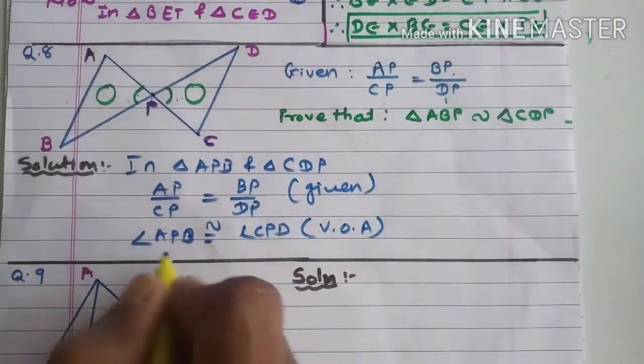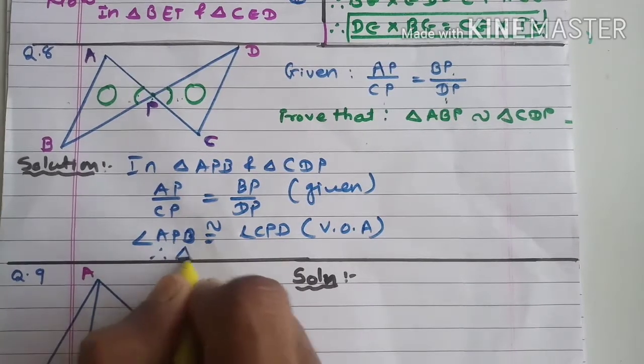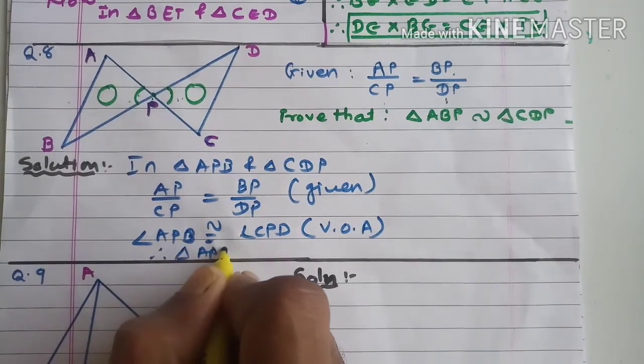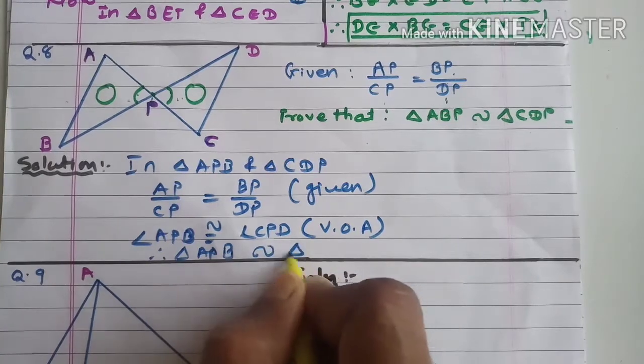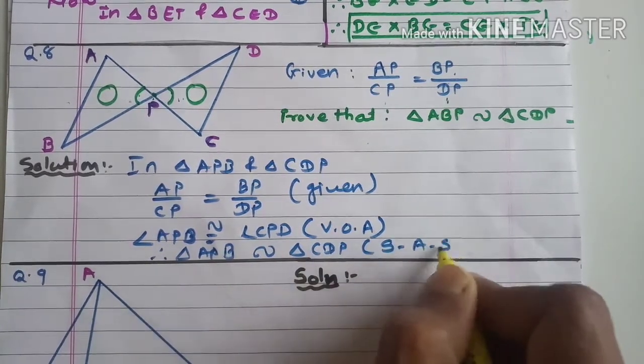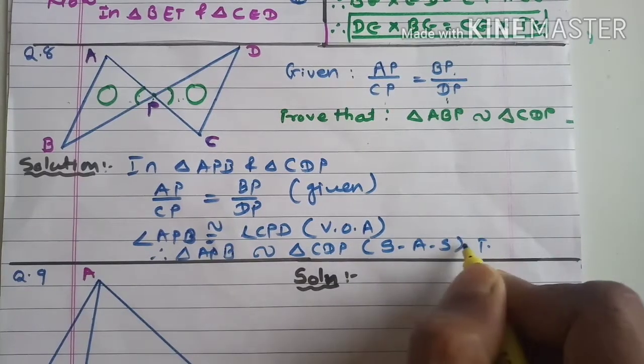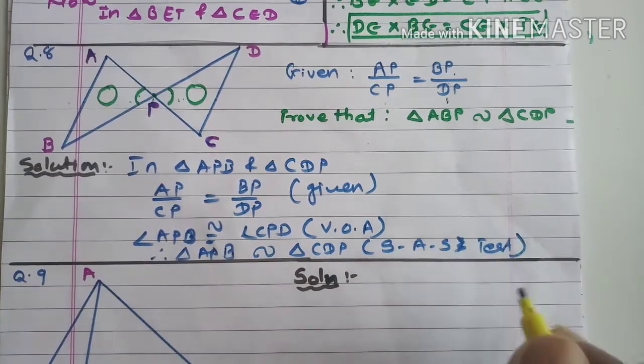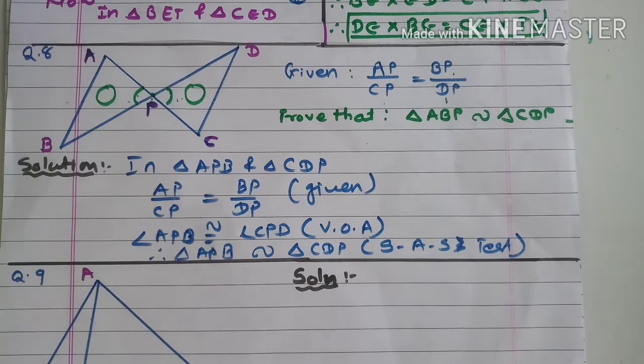So triangle APB is similar to triangle CDP by the SAS test. Okay, so let's move on to question number 9.